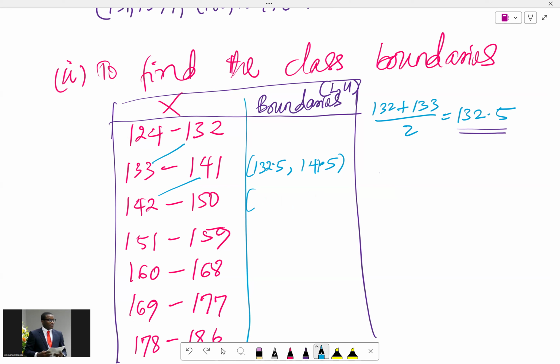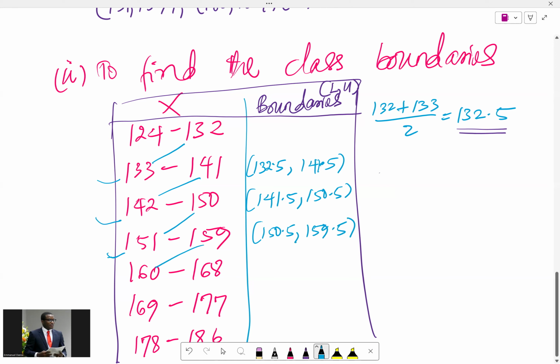So the upper boundary for this, 141.5, we carry down here. So 141.5 by 150.5. Then 150.5 is the lower boundary for this, just like 132.5 comes before, and 141.5 comes before this, by 159.5.